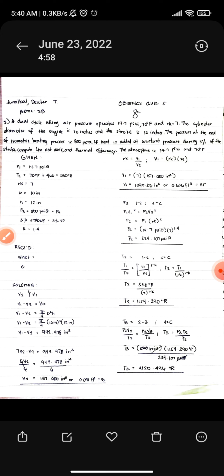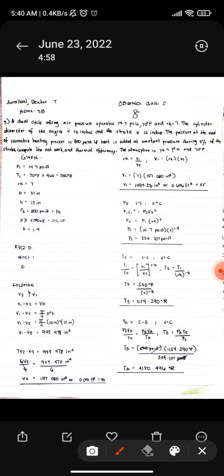So, V1 minus V2 over VD equals pi over 4 D squared H. So, V1 minus V2 equals pi over 4 times D natin na 10 inches squared times H natin na 12 inches. So, V1 minus V2 equals 942.47 cubic inches.